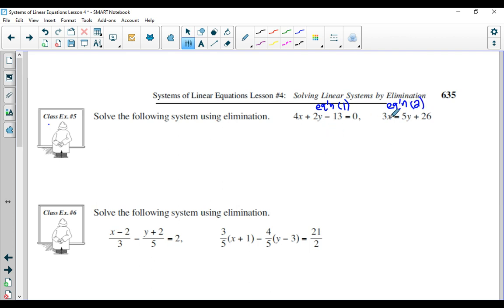Now, the problem with these two equations is they're not written in the correct format to do elimination. So this is the first thing you want to do.